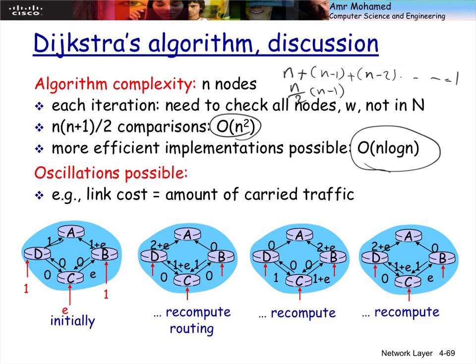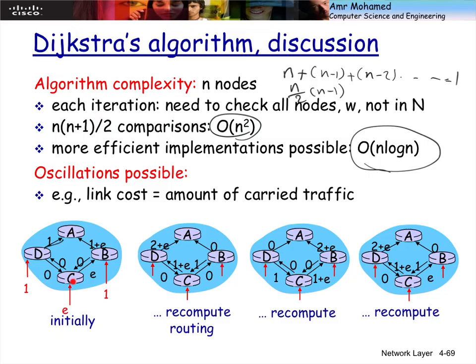But after some time, we recompute the routing, and we discover that here, at C, we have the traffic E, and here we have 1. So E here, if we send it this way, it will become E plus 1 plus E, which means 2E plus 1.